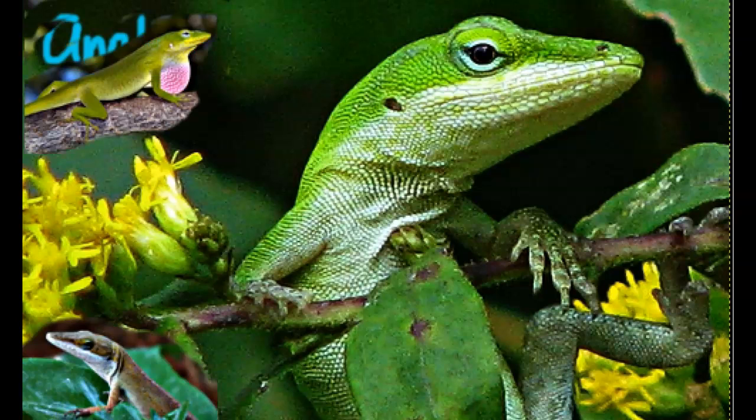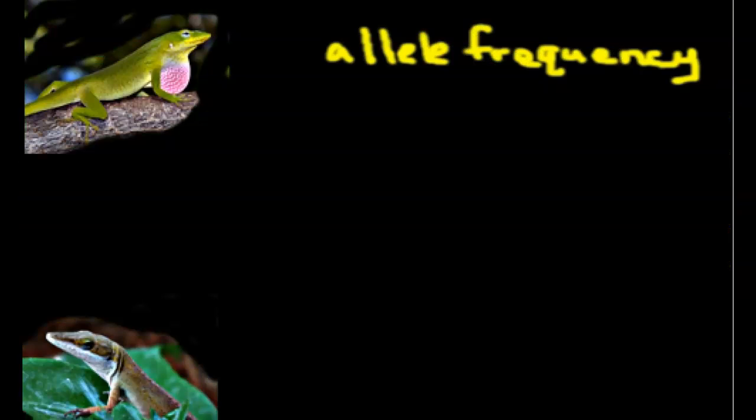And in my example, we're going to have a green lizard here and a brown lizard here. We're going to say that big B, which is brown, is going to be dominant.